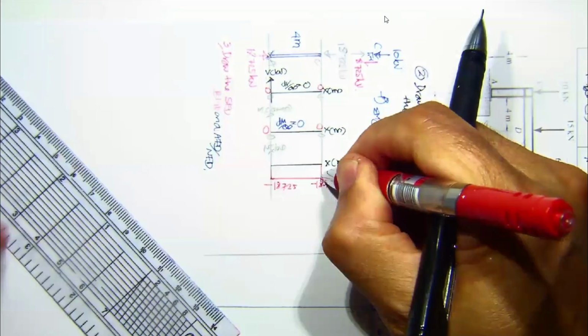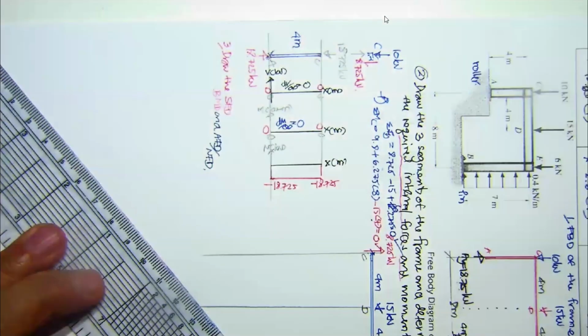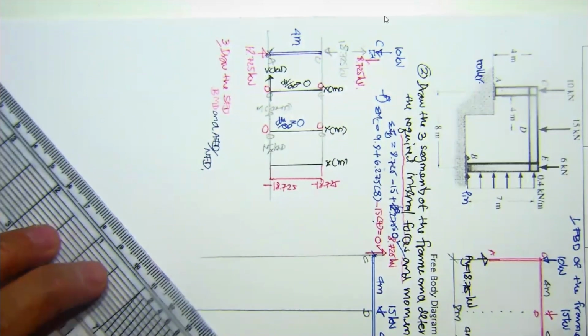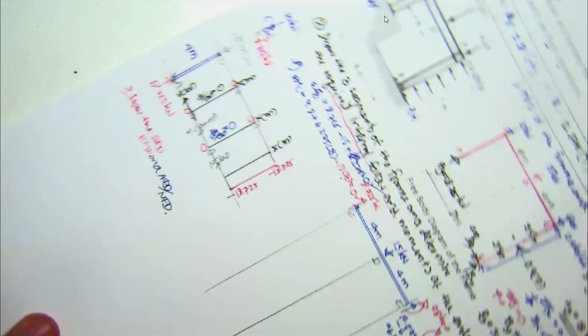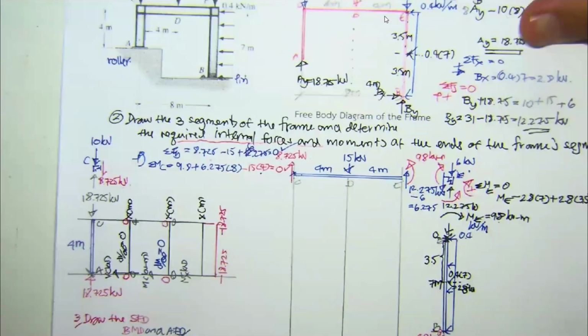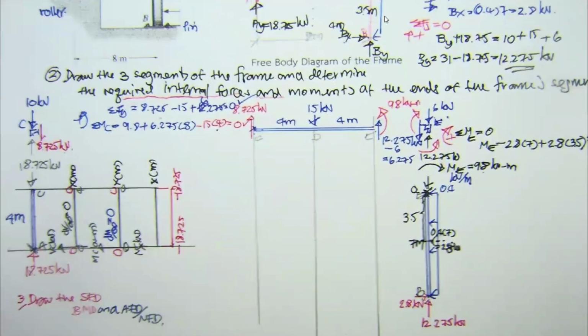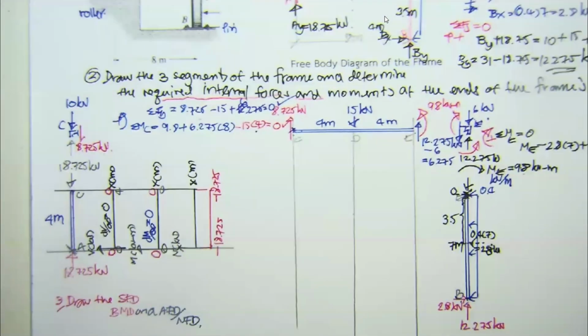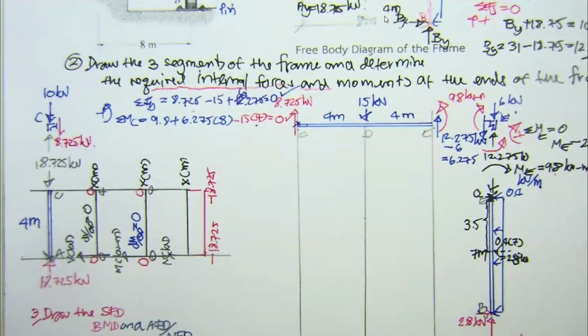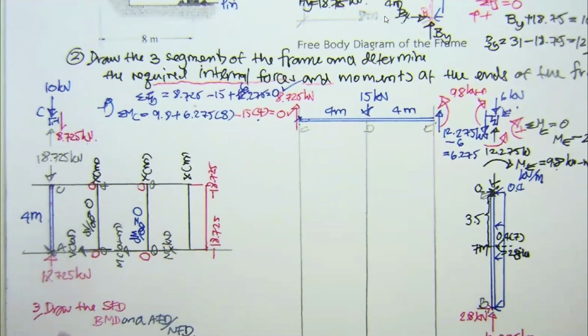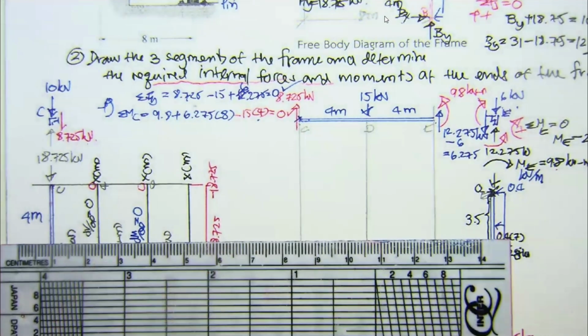We have all the required diagrams for our column, and then move it to the beam. Okay, move it to the beam. And for the beam here, we start from the shear force diagram as before.